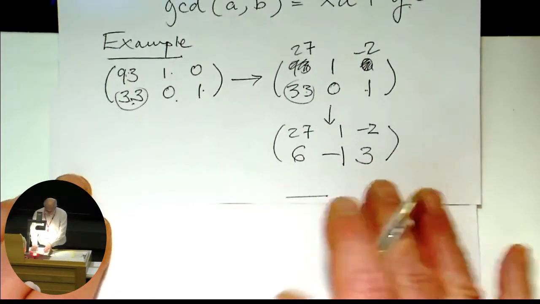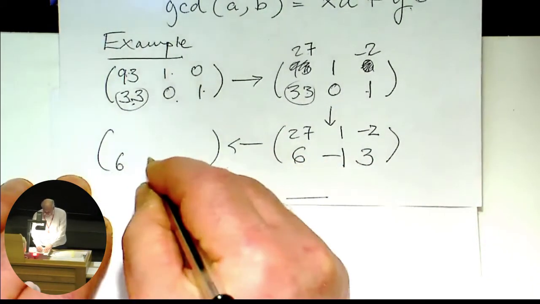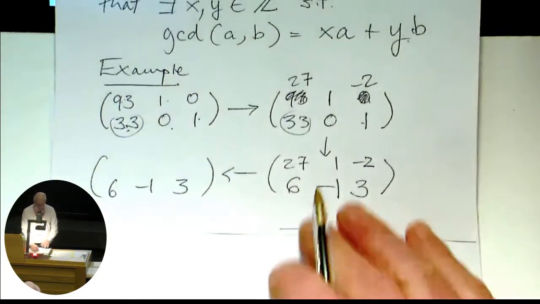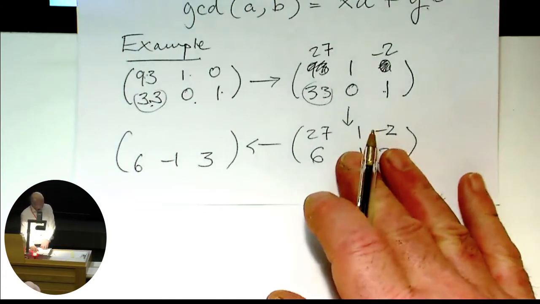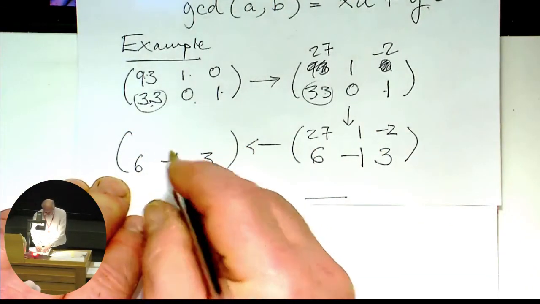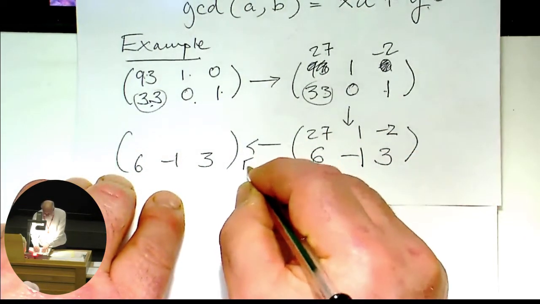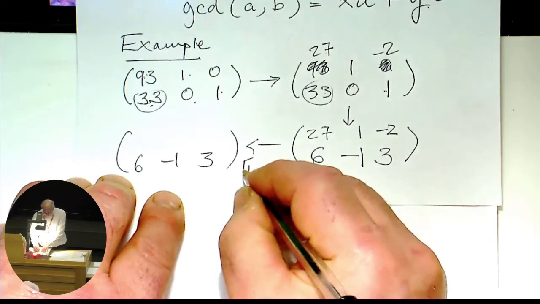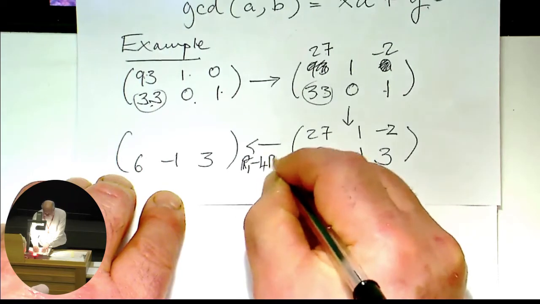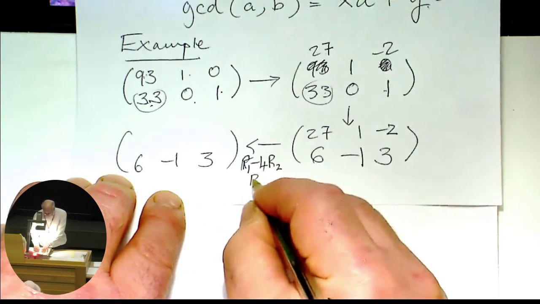Then I keep going. I leave the 6 as it is because that's the smallest number, and I'm repeating what I already did as far as the first column is concerned. We know 27 divided by 6 goes 4 times. What I'm doing is taking the first row minus 4 times the second row, and leaving the second row alone.